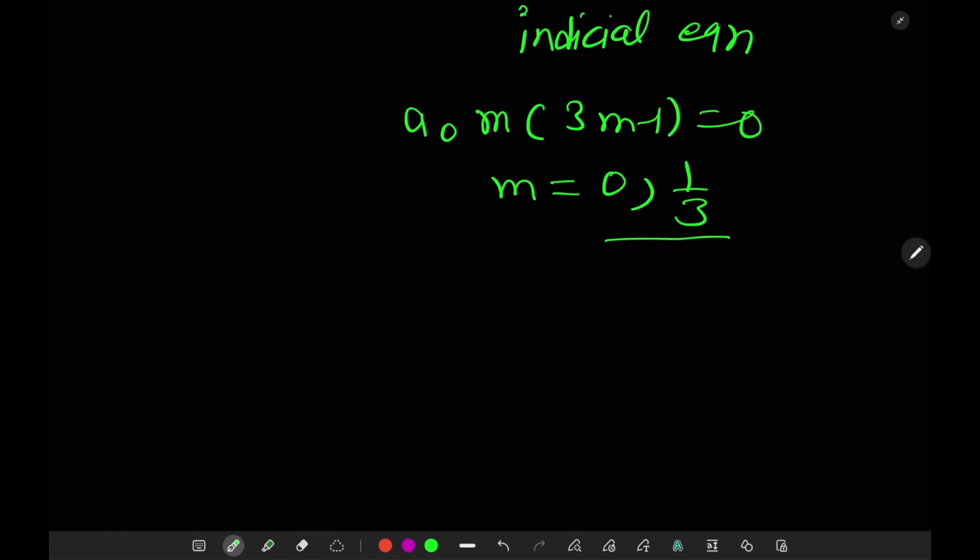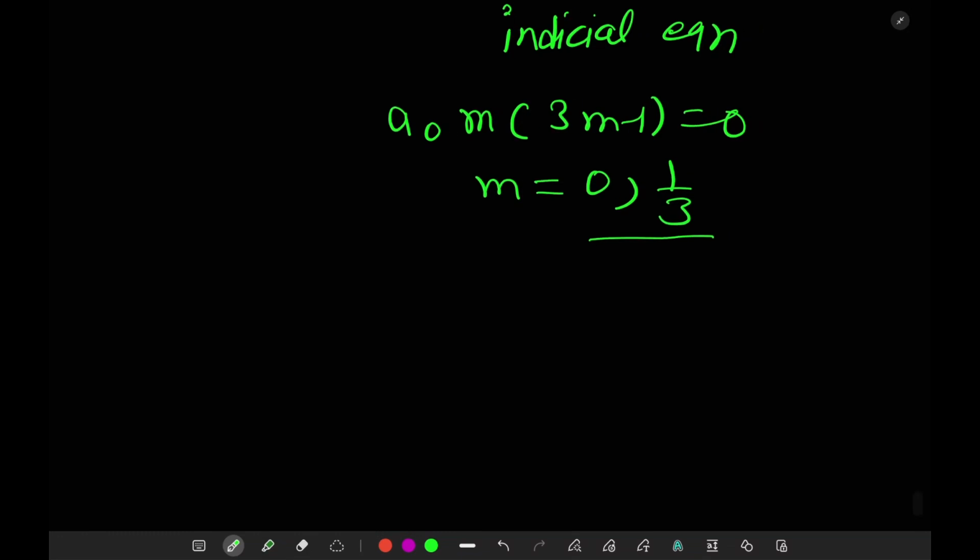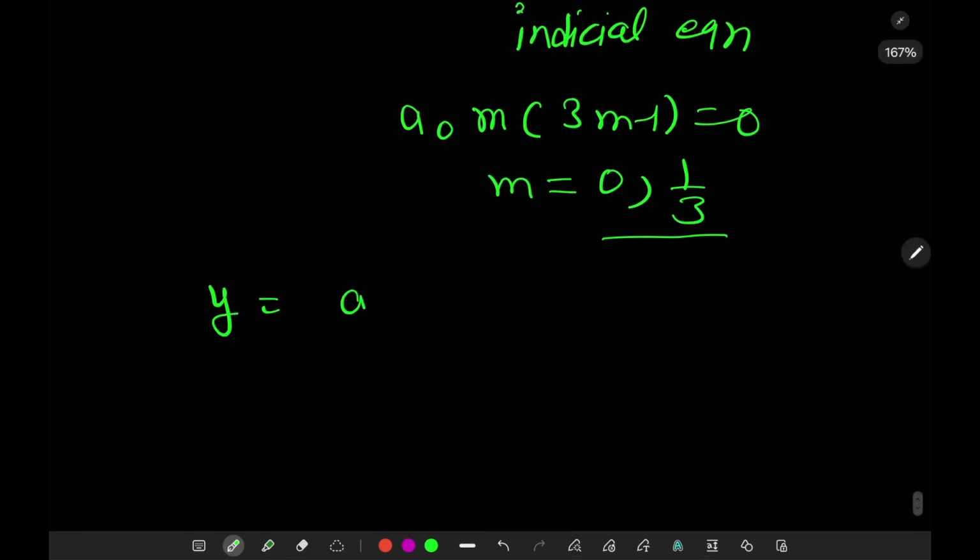So these roots are real and distinct and do not differ by an integer. So this is case 1. So we use here y is equal to a1 y m1 plus a2 y m2.